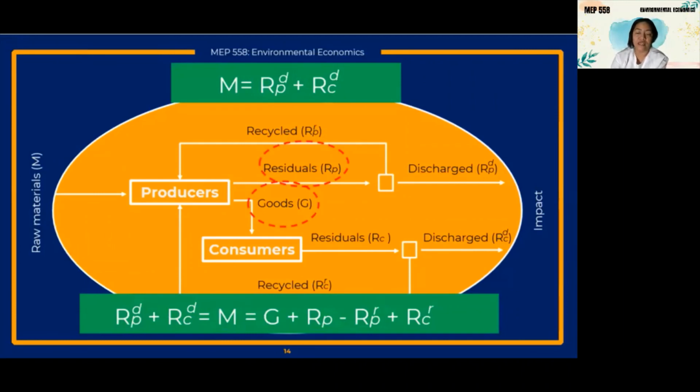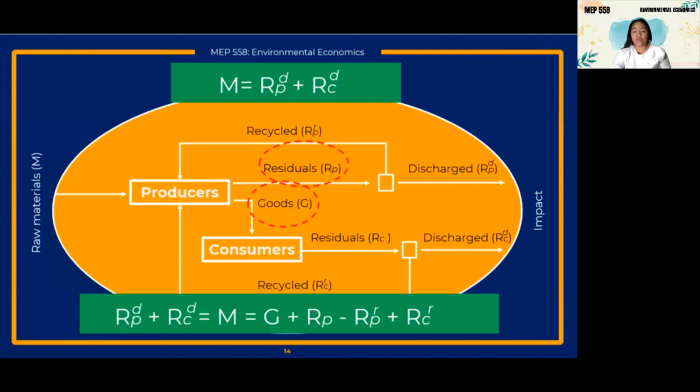There are basically two ways of doing this. One is to reduce the residual intensity of production in all sectors of the economy by inventing and adopting new production technologies and practices that leave smaller amounts of residuals per unit of output produced.